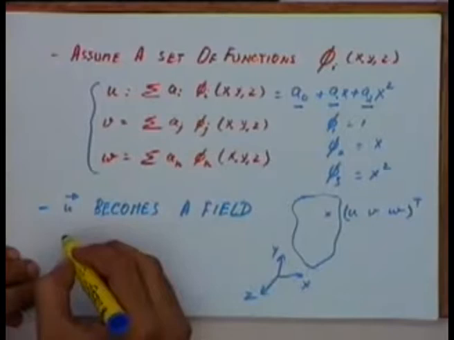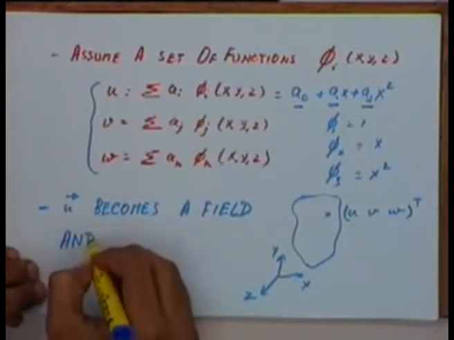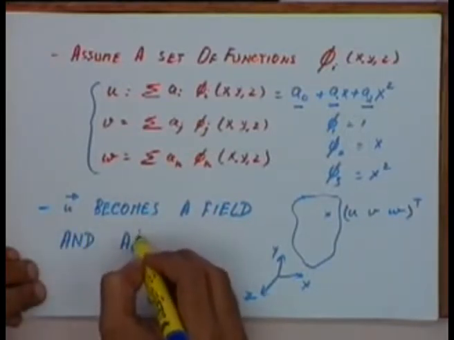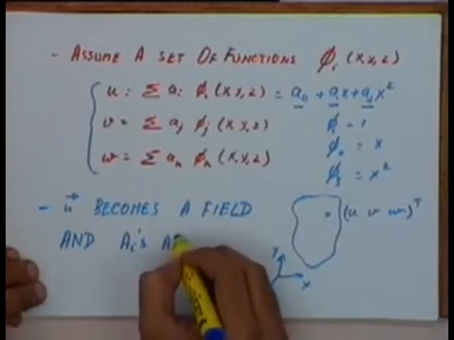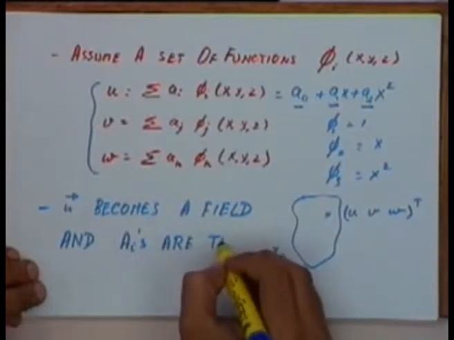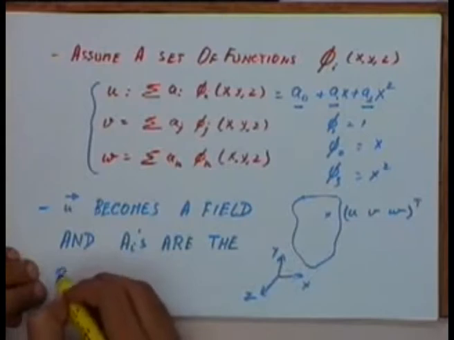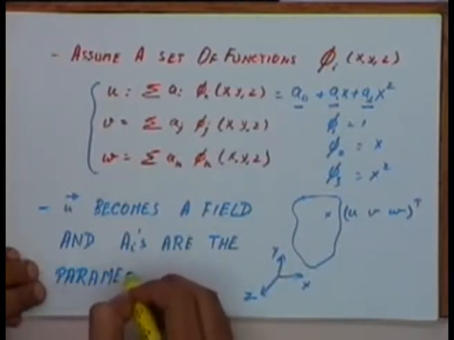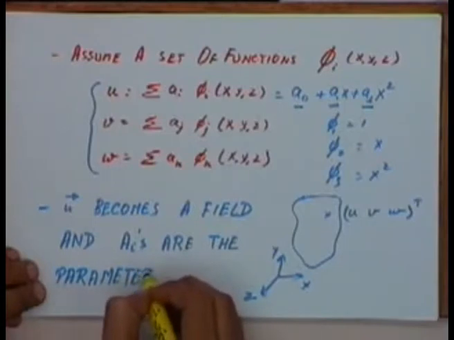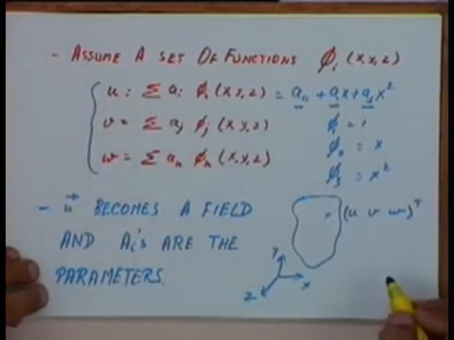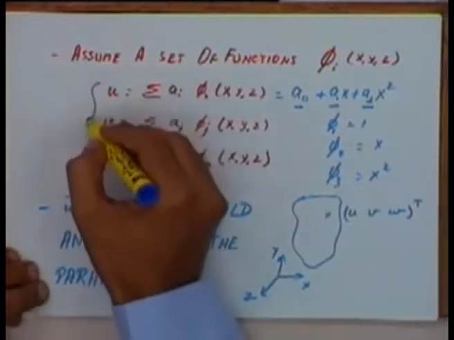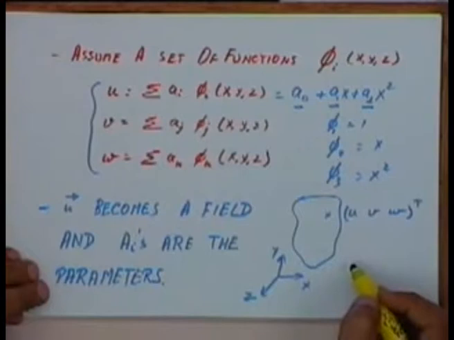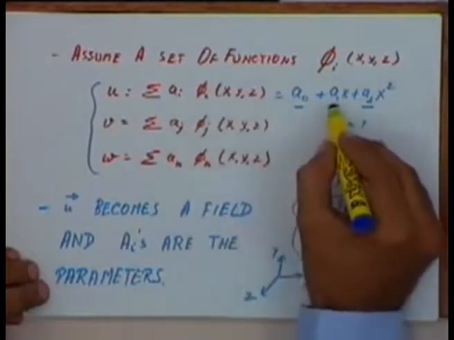The ai's are the parameters of this field. So now I have this deformation vector as a function of x, y, z, and it has some parameters a0, a1 and a2.